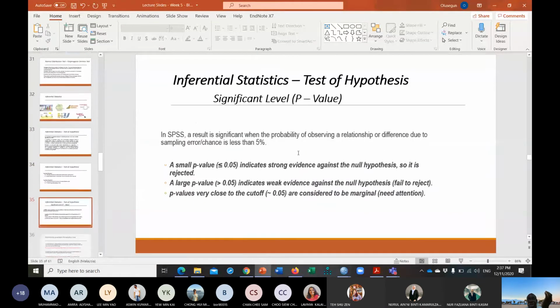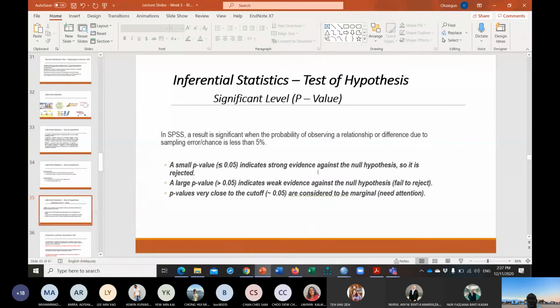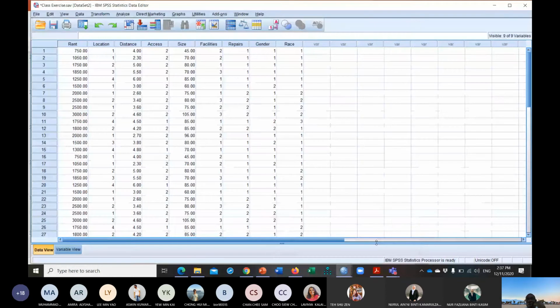Okay, let's take a hypothesis. For example, from our data, we have a hypothesis that location, let's say distance, does not affect rent, or location is not affecting rent, or we want to check a relationship, which is a correlational study.